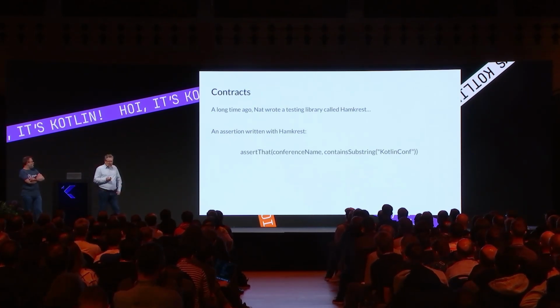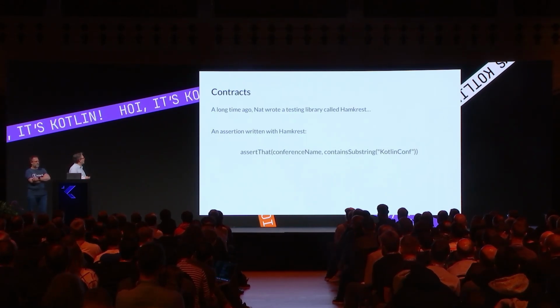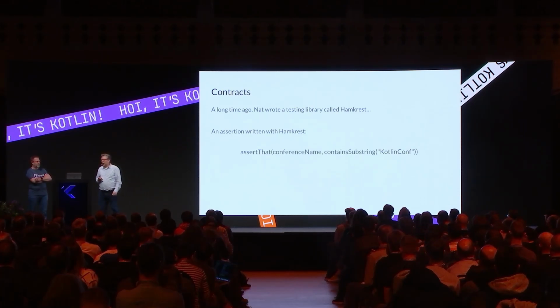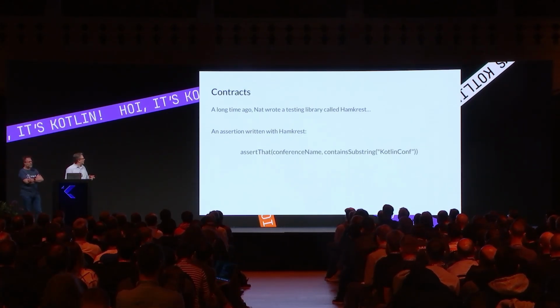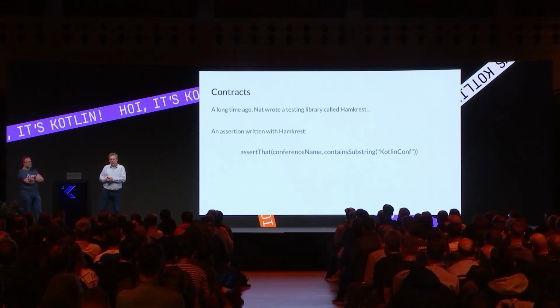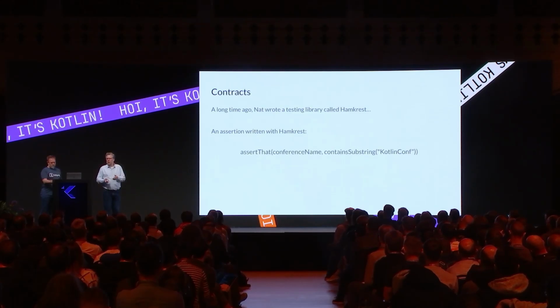Another language feature that arrived after 1.0 was contracts. So a long time ago, during the days of Kotlin beta, I wrote a testing library called Hamcrest. Hamcrest allows you to compose matchers and use those in assertions so that you can simplify the definition of new types of assertion.